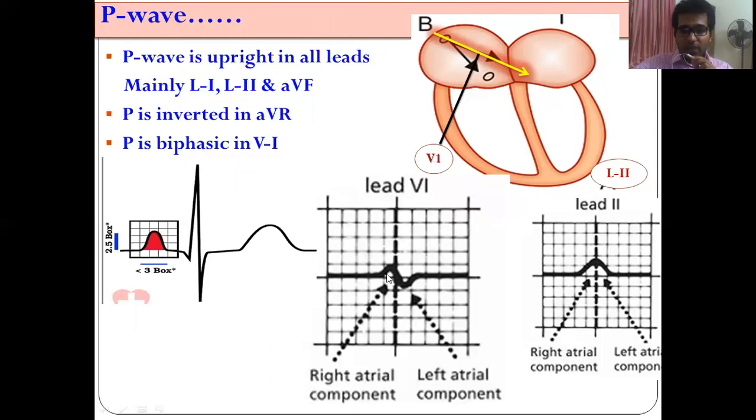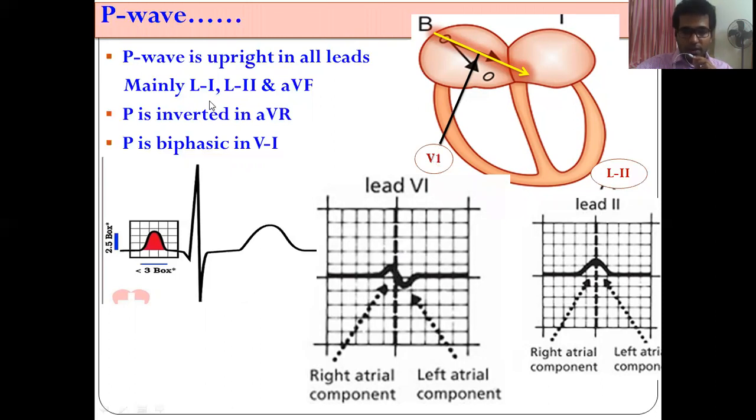The initial first half of this wave will be a positive deflection due to right atrial depolarization, followed by a negative deflection caused by left atrial depolarization. So in the V1 lead, a biphasic P wave is produced, but it is normal.